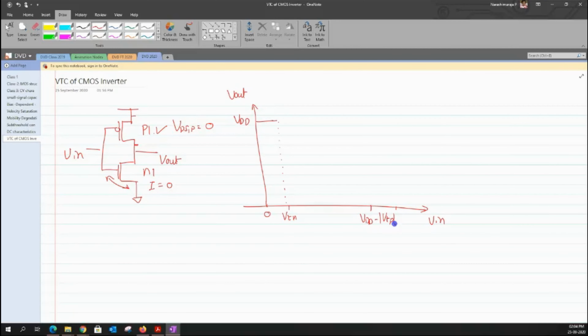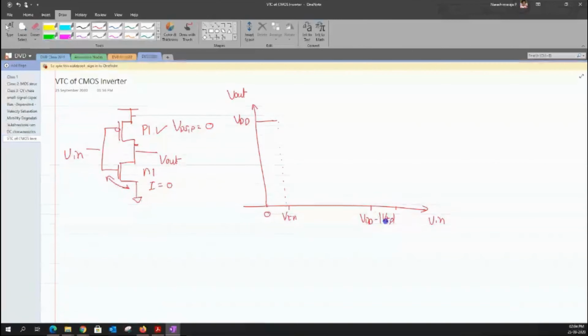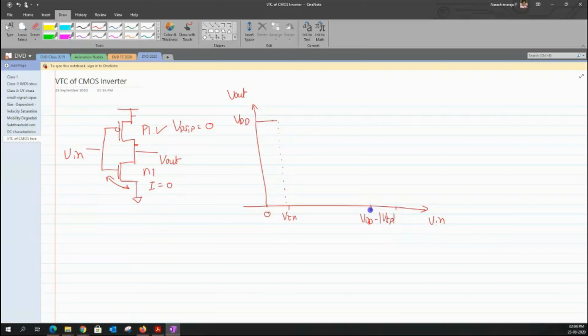I'm putting a modulus because the threshold voltage of the PMOS is a negative quantity, so I'm taking the modulus of it. The other extreme value I can have here is VDD. Within this range, our PMOS transistor would be turned off because it doesn't have enough VGS, due to which the transistor would be off.